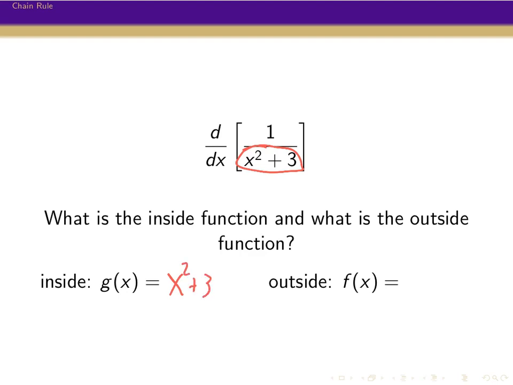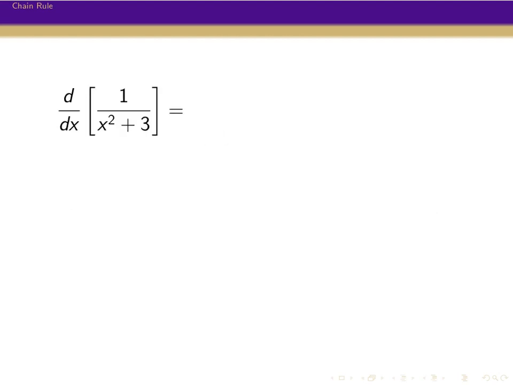And then what's happening to x squared plus 3? Well, we're dividing by it. We're taking the reciprocal of it. And so the outside function is going to be 1 over x, because we're taking x squared plus 3 and plugging it into 1 over x.